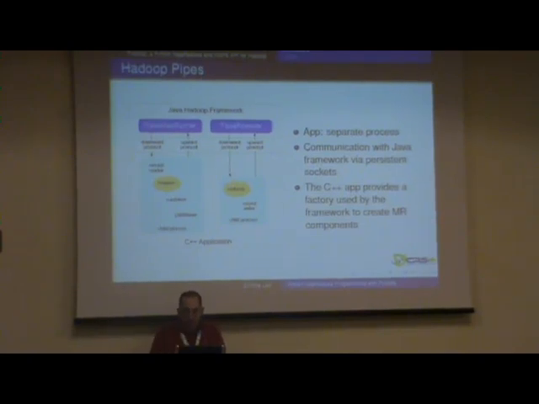Communication happens through sockets with the framework. Your application provides a factory function, which is used by the framework to instantiate your classes, and then the framework calls MapReduce methods on your classes and gets the results. Our data flow is serialized and goes back and forth through this specialized channel.